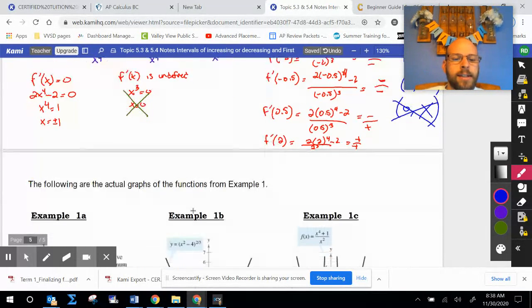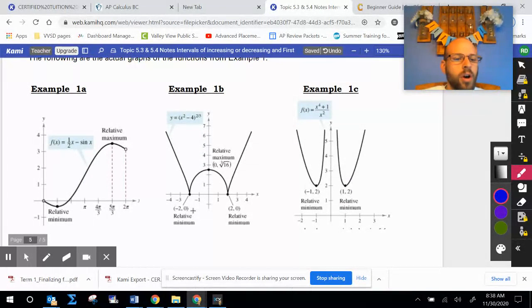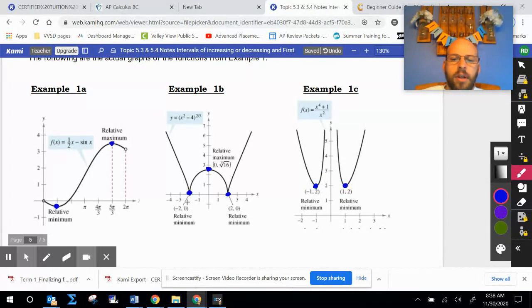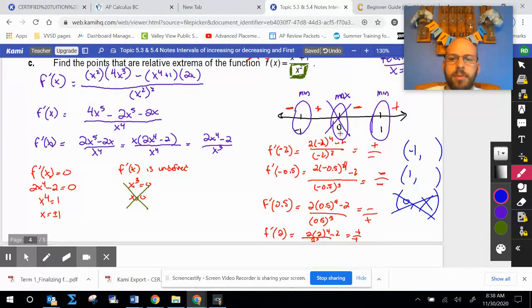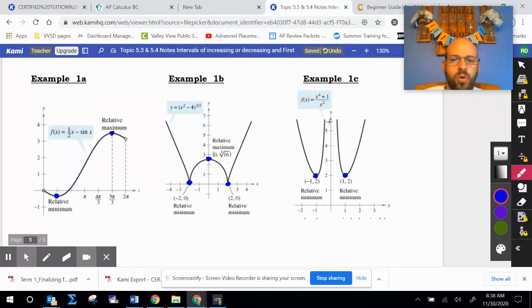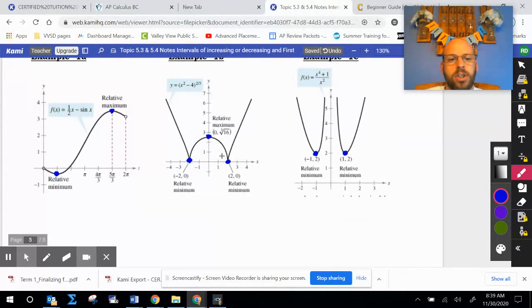Okay. Now, on this side, I have 3 pictures. These 3 pictures represent the 3 functions that we just did. And if you look at this last one, do you see how we have 2 minimums and we don't have any maximum? The reason is because that maximum we found is an asymptote, and that does not ever join together. So this is just the graphical representation to show you.